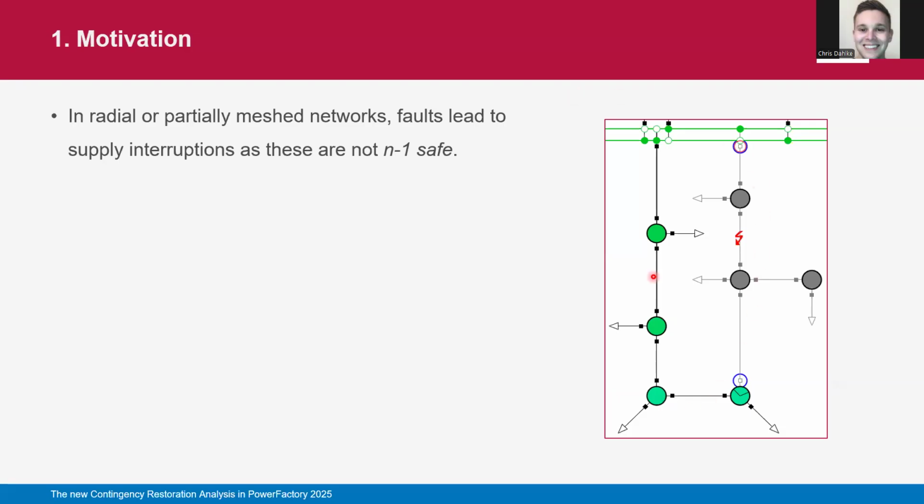Here, for example, is an open ring structure that you can often see in distribution grids. If one of the lines has a fault, some protection device will react and trip. However, this leads to an unsupplied area, so we need several switching operations to resupply it.